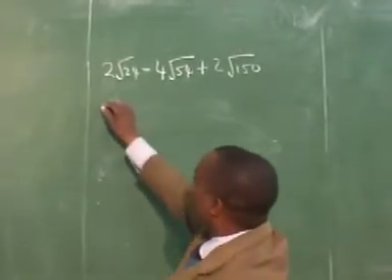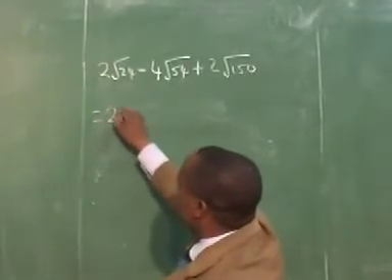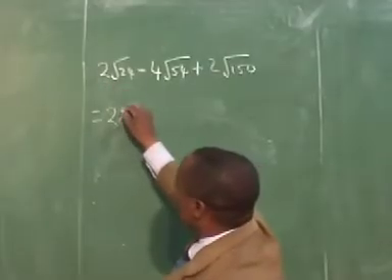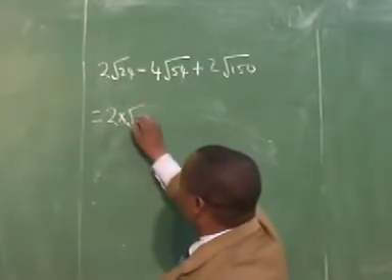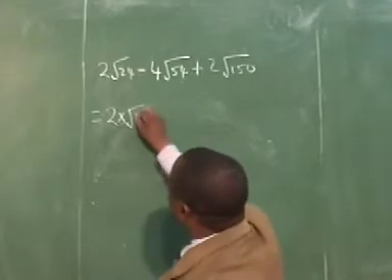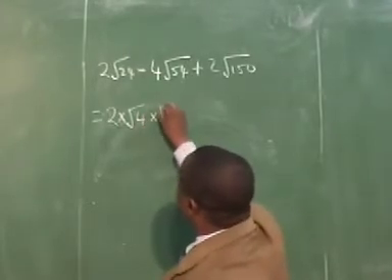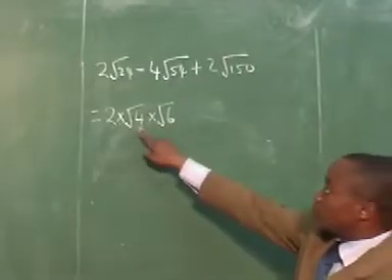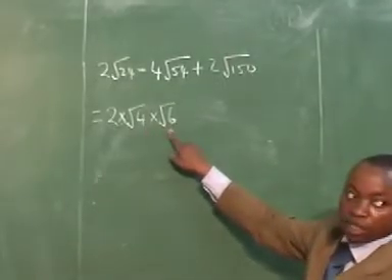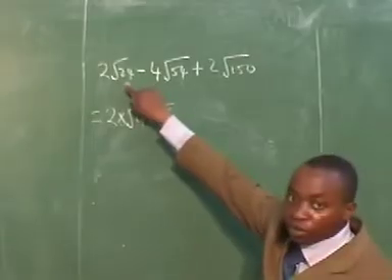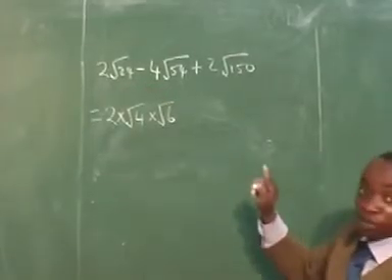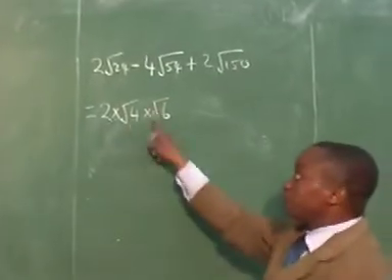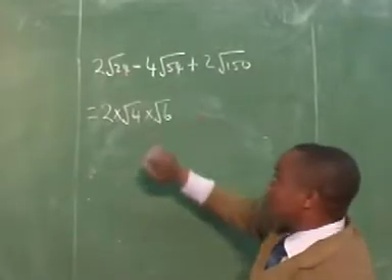So this one, I can write it like this: 2, which is this 2, times root 4 times root 6. You see, root 4 times root 6 will give you root 24, because of the rule of sorts that says that root A times root B will be the same as root AB.